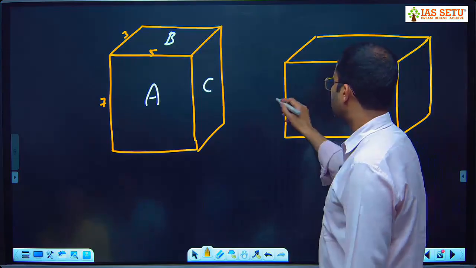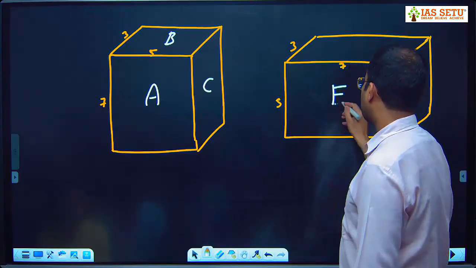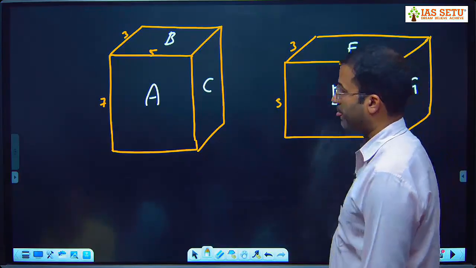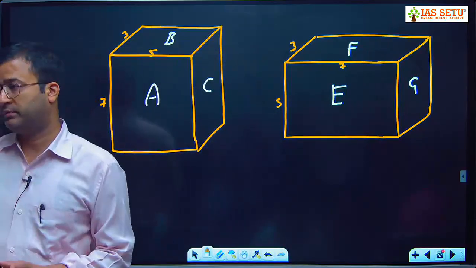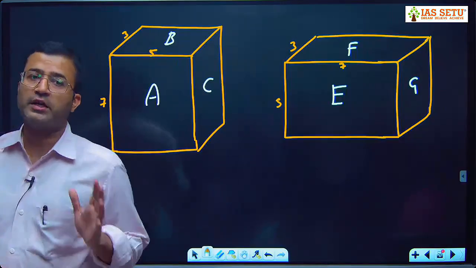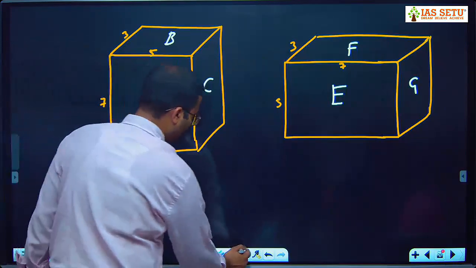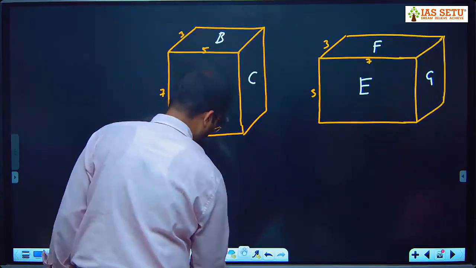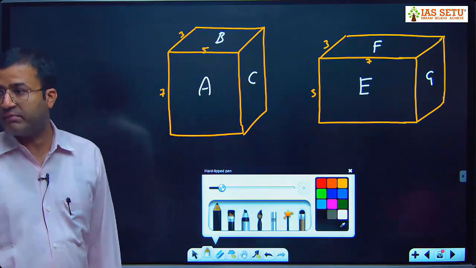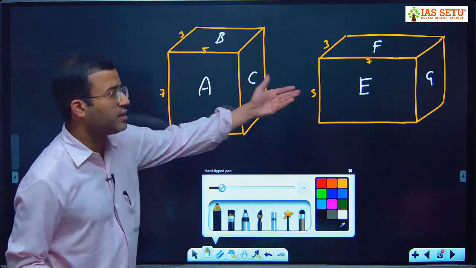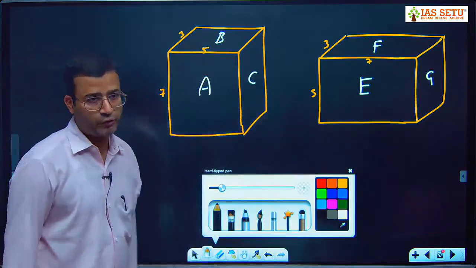This is 7, this is 5, this is 3. It is E, F, G. Since these are cuboids, we can find the opposite faces by using the concept of area. Okay, let us try. Tell me, these are the two views of the same dice. It is the same dice, this is the front view and that is the back view.